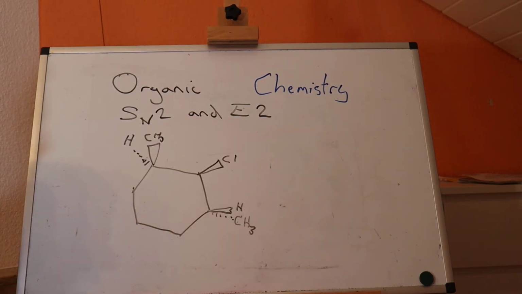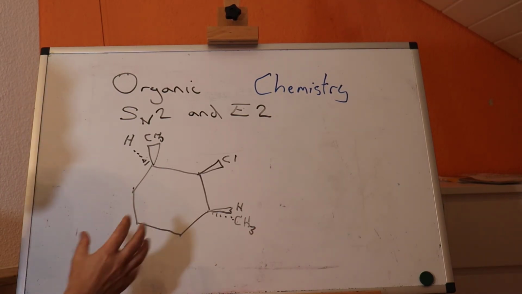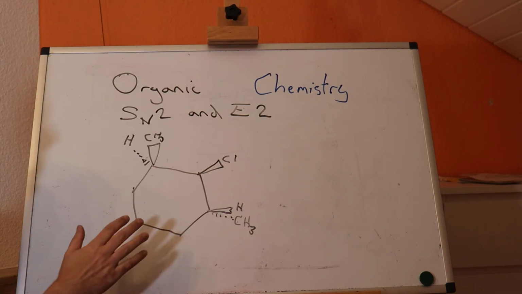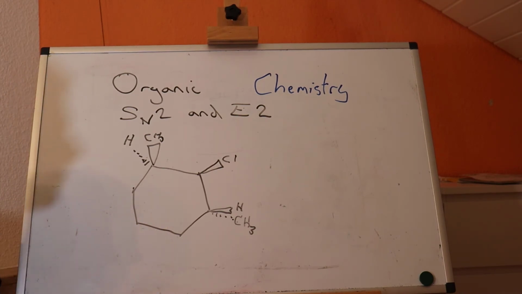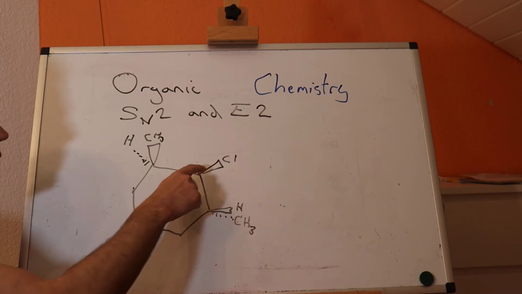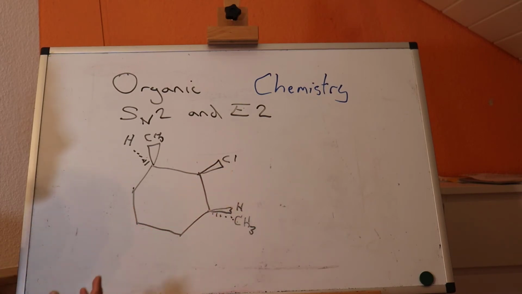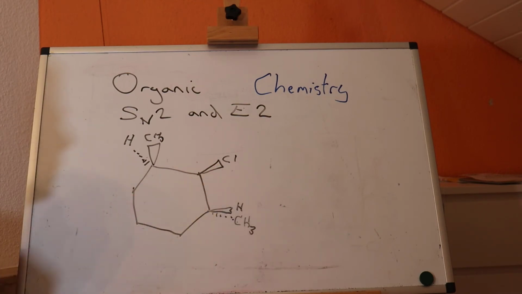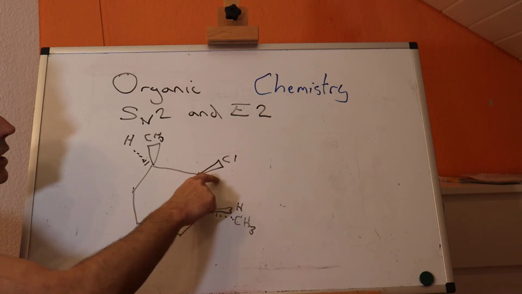So if we take this example with a ring molecule, ring molecules can't rotate because they can't flip completely inside out unless they're very big. Six-membered rings definitely can't flip completely inside out. We're looking for a hydrogen that is anti-periplanar, that is on the opposite side to our leaving group, which is the chloride atom, again in this case.